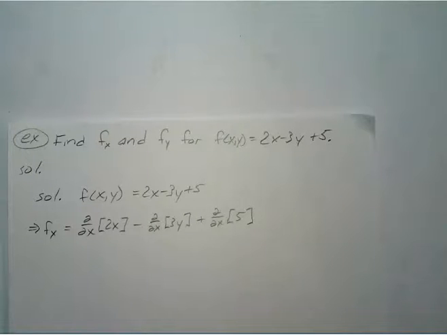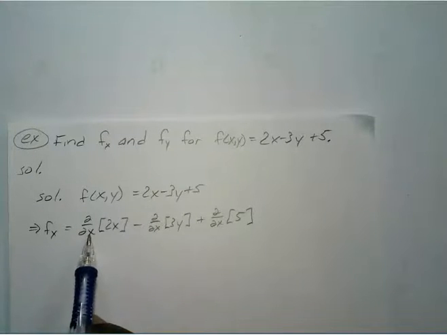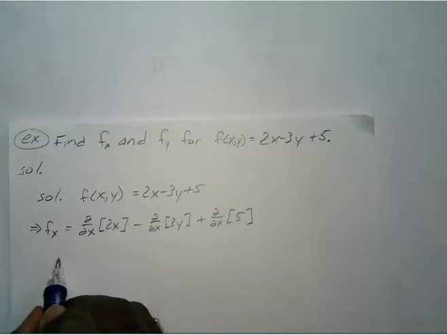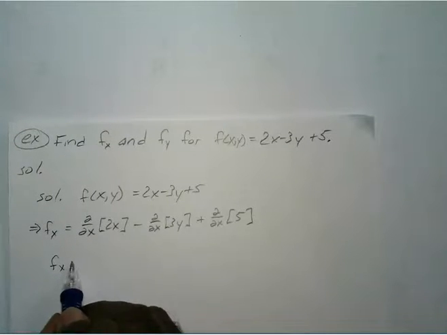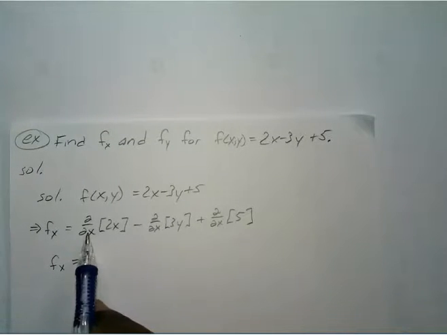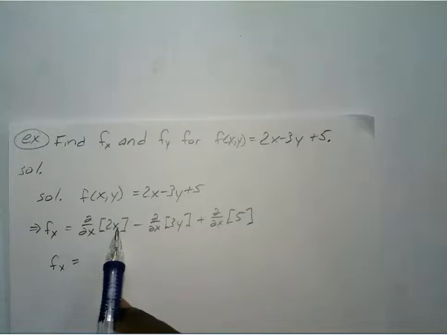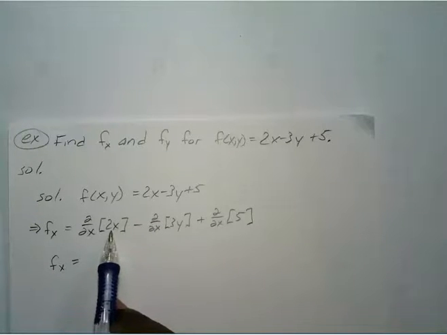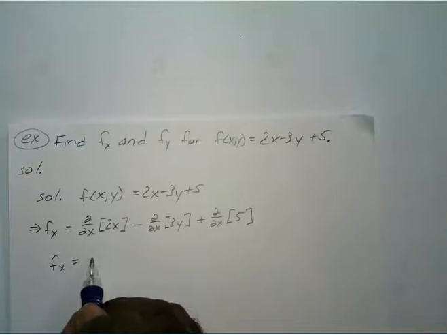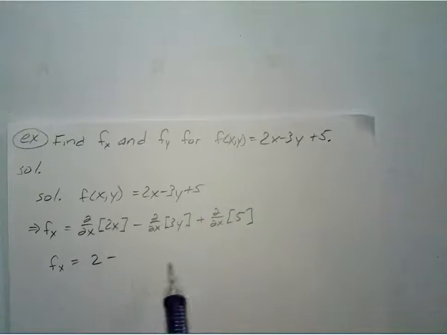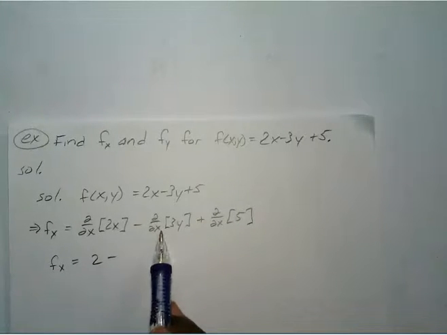Alright. Now remember, when you're finding the derivative with respect to x, every other variable becomes a constant. Okay, so that means your partial with respect to x will equal the derivative of 2x with respect to x, which is just 2. So that becomes 2 minus the derivative with respect to x.